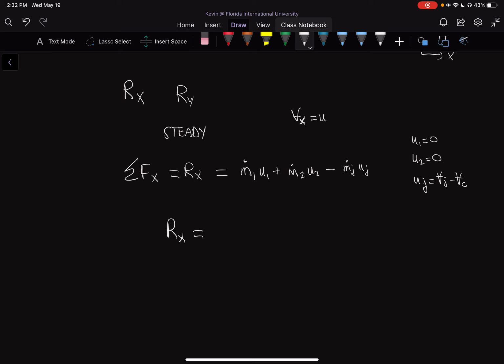So we have that Rx is equal to minus m dot j times uj, which is equal to, if we write down what the mass flow rate is, minus rho j multiplied by aj multiplied by vj minus vc, times vj minus vc.